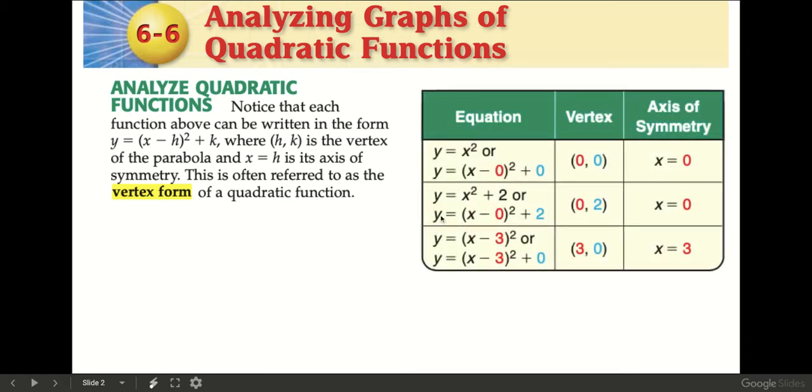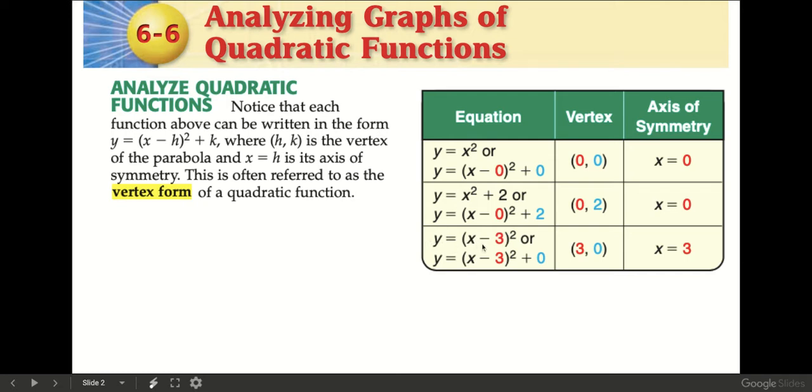So if we were to look at the equation y equals x squared, the parent function, it can be written as y equals quantity x minus 0 squared plus 0 because the vertex is at (0, 0). The axis of symmetry is the vertical line where x is 0. Y equals x squared plus 2, or y equals quantity x minus 0 squared plus 2, would have a vertex at (0, 2), and the axis of symmetry would be through 0, the vertical line where x is 0.